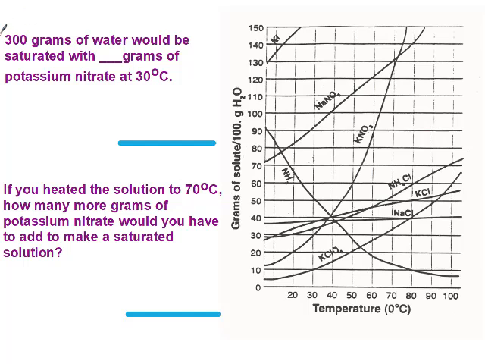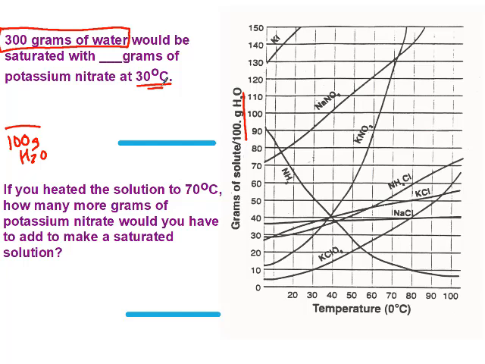Some problems, though, you're going to have not 100 grams of water. So in this case, we have 300 grams of water. So if you have a problem like this, you're going to set up a proportion. So for every 100 grams of water, how much can dissolve of potassium nitrate at 30 degrees?